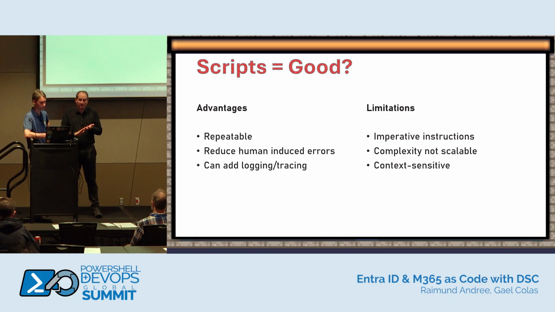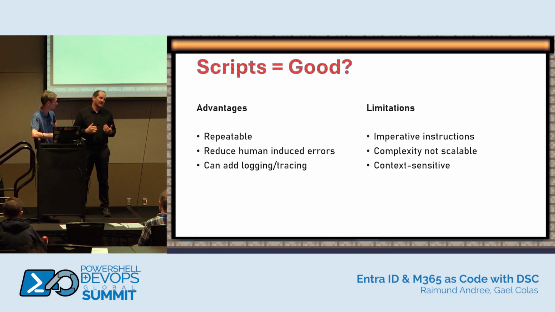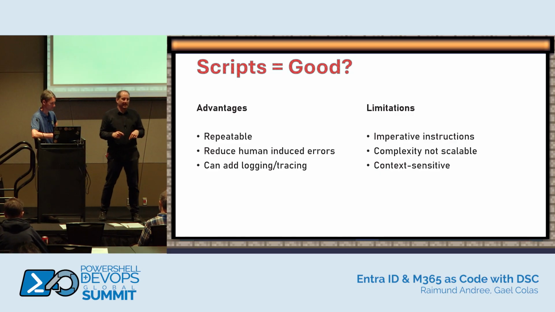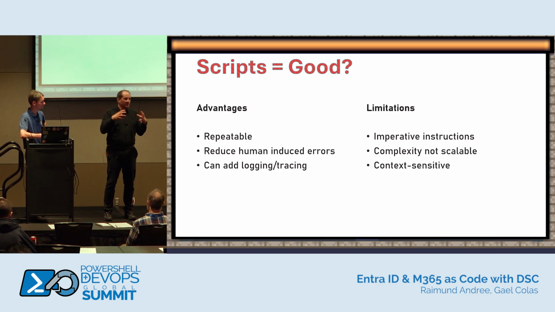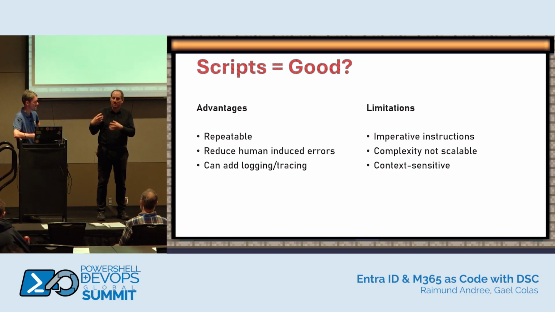So there are still limitations. The complexity is not scalable, and that's probably one of the biggest. We are dealing with imperative instructions. We've seen that this morning. We say, we're going to do this, then we're going to do that. If it's in this stage, we're going to do this, or then we're going to do that. So there's the whole recipe of what you want to achieve.